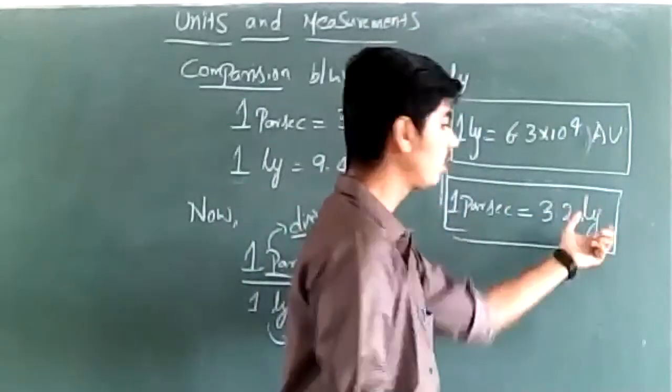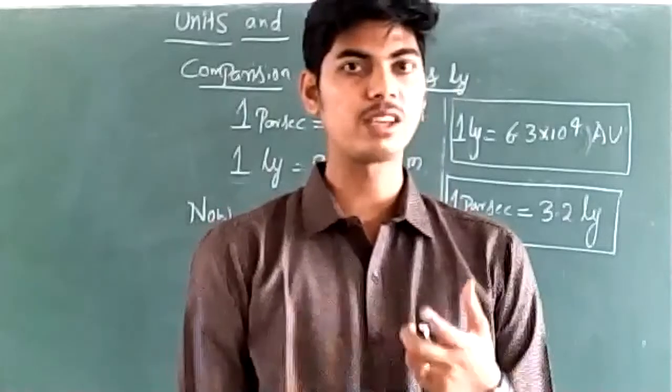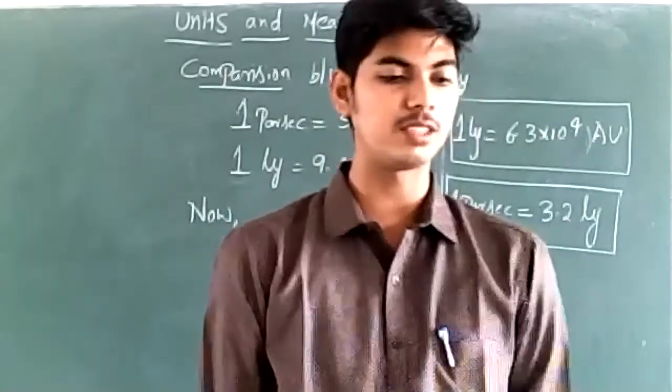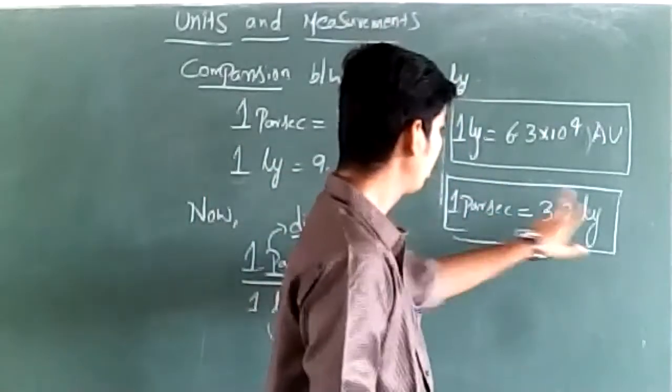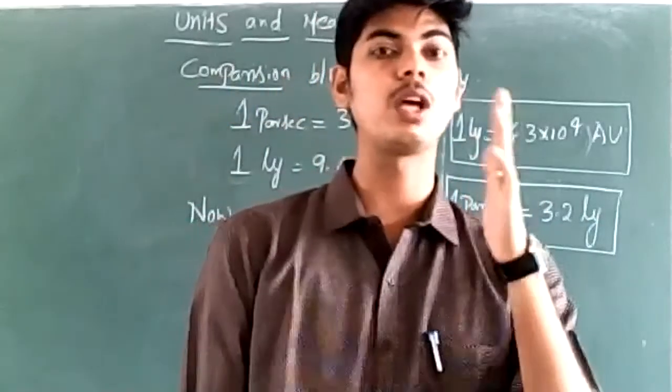Parsec light year ಗಿಂತ ಎಷ್ಟು ಟೈಮ್ಸ್ ಜಾಸ್ತಿ ಇದೆ, 3.2 ಟೈಮ್ಸ್ ಜಾಸ್ತಿ ಇದೆ.